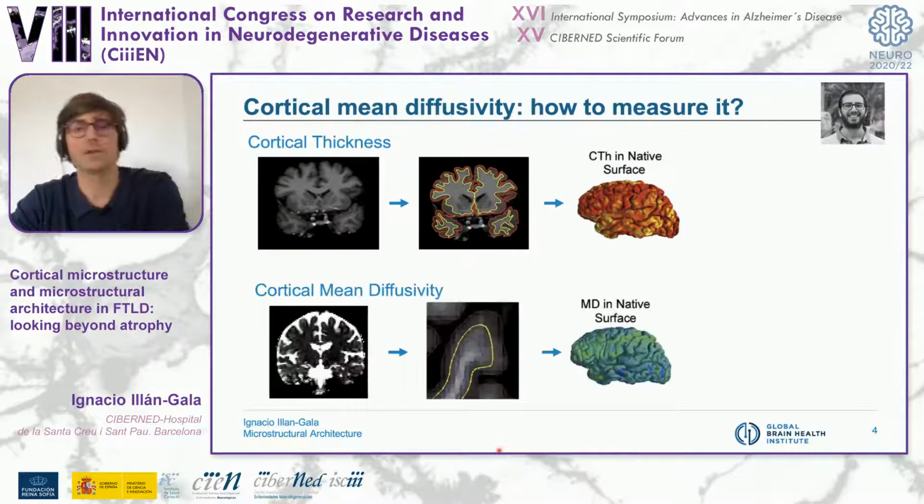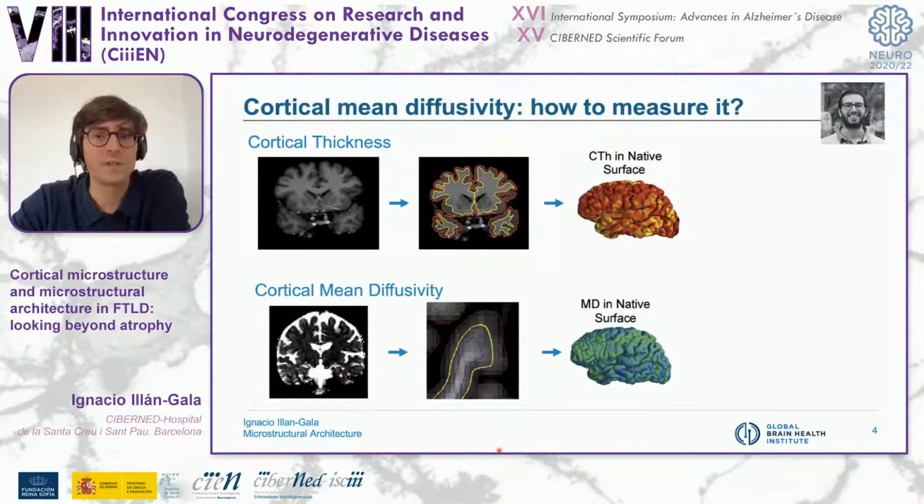Next, we pre-process diffusion weight images to obtain the mean diffusivity map, and then we co-registered the DTI, the diffusion map, to the central ribbon of the cortex, which is represented by this yellow line here. So we can study the microstructure only at the cortex, at this yellow line, and this is what we see here in the slide.